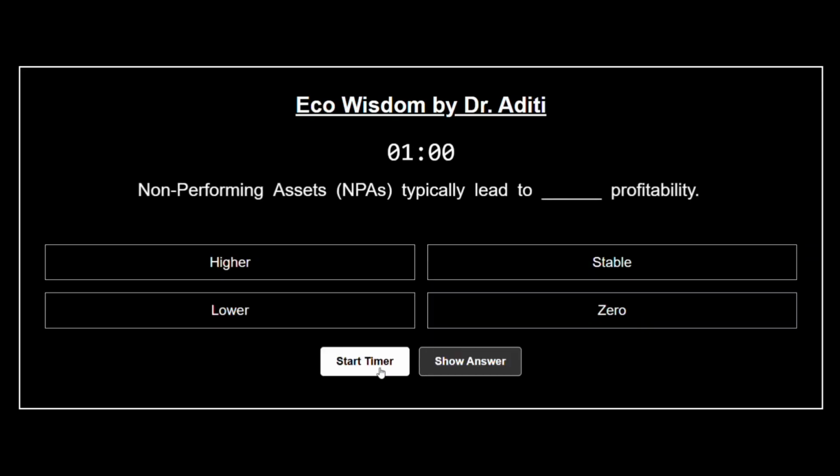Next question. Non-performing assets, that is NPAs, typically lead to dash profitability. First one is higher, second is stable, third is lower, fourth is 0. Again, a very self-explanatory and very common sense kind of a question. Last 30 seconds.